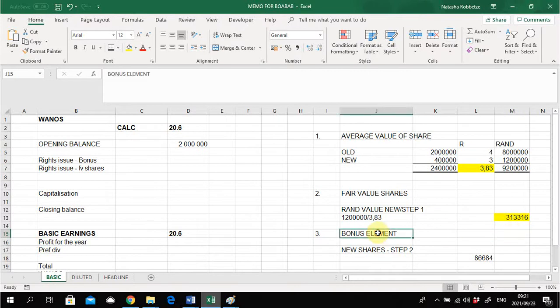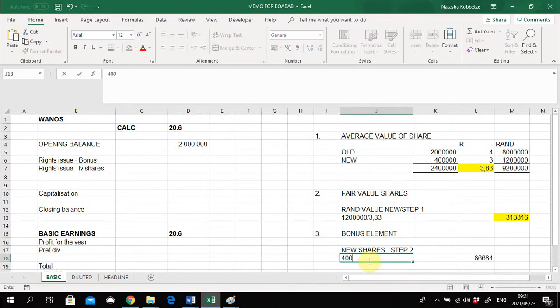Then we need to go and calculate our bonus element, or our bonus shares if you wish. And for the bonus element, we have new shares minus step 2. So there's 400,000 shares, I beg your pardon, that were issued altogether. We paid for 313,316 of them, so the difference would be what I've scored, my bonus element.